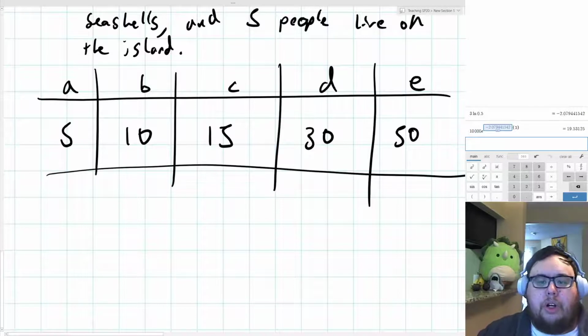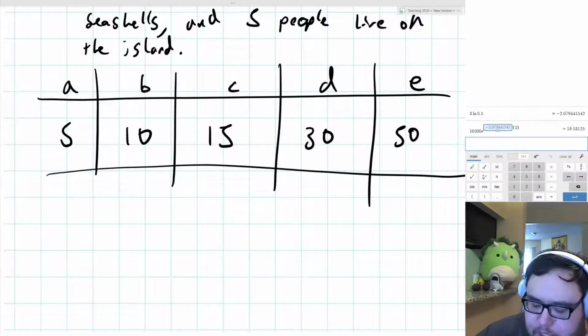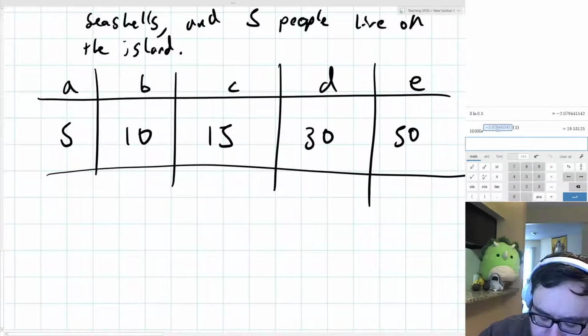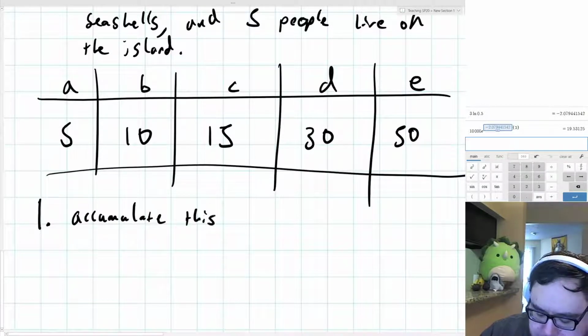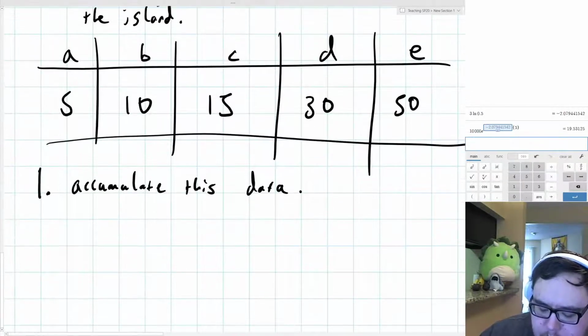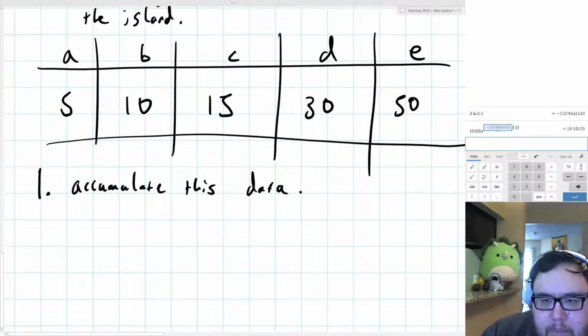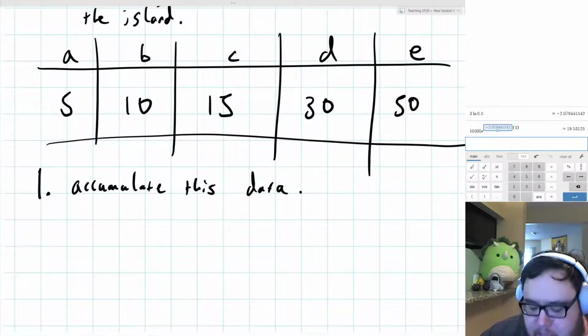In order to compute our curve, we want to basically accumulate this data. So step one, we want to accumulate this data. Essentially for A, B, C, D, and E, I want the number underneath them to represent the amount of money they have plus the amount of money held by everybody beneath them.